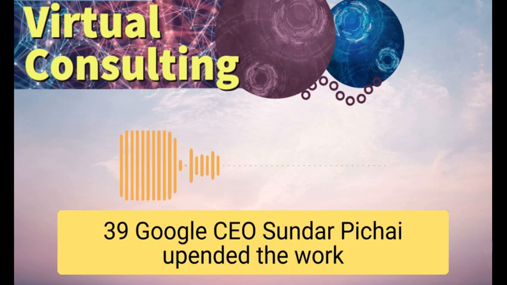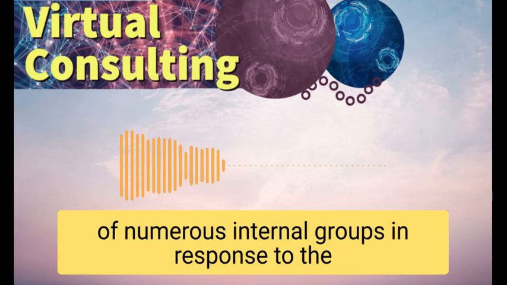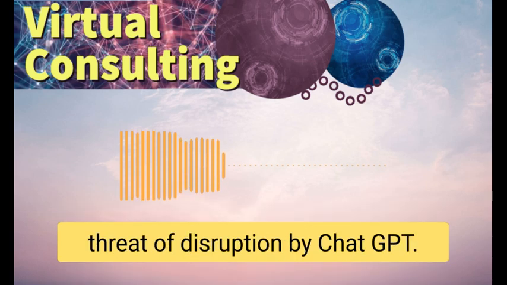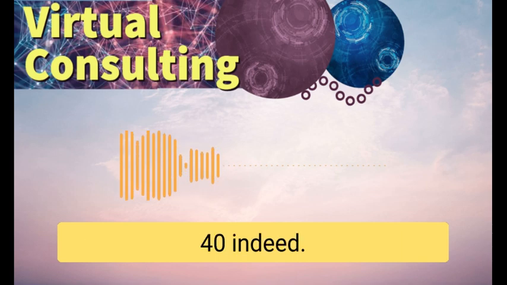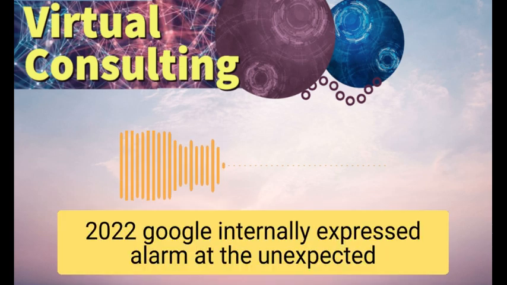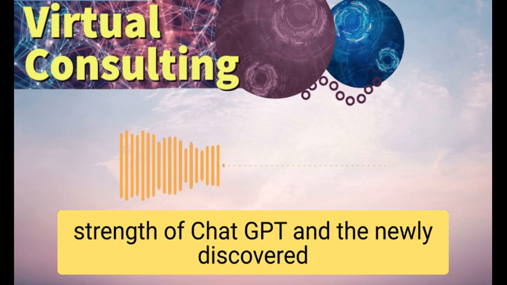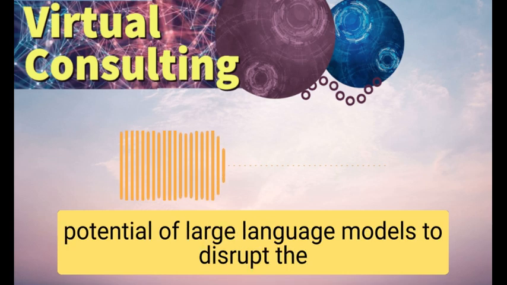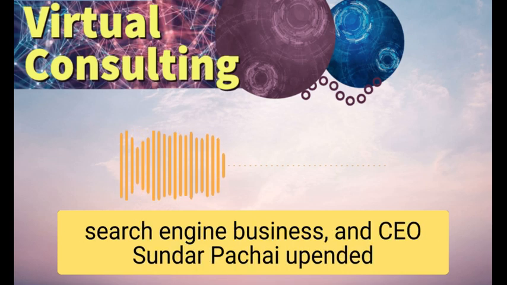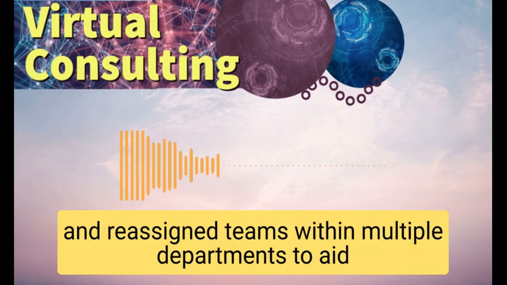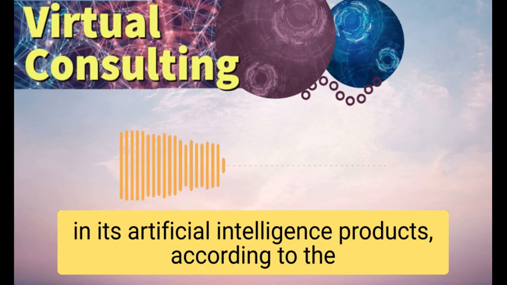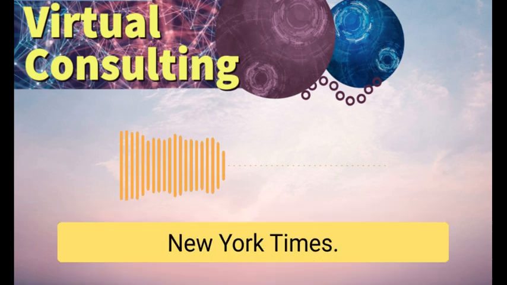39. Google CEO Sundar Pichai upended the work of numerous internal groups in response to the threat of disruption by ChatGPT. 40. In December 2022, Google internally expressed alarm at the unexpected strength of ChatGPT and the newly discovered potential of large language models to disrupt the search engine business, and CEO Sundar Pichai upended and reassigned teams within multiple departments to aid in its artificial intelligence products, according to The New York Times. 41.